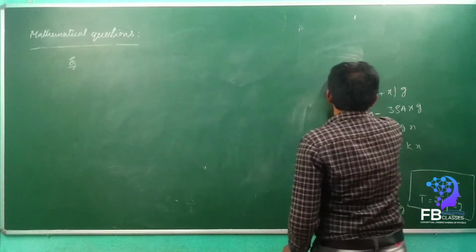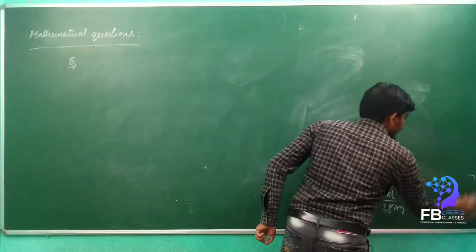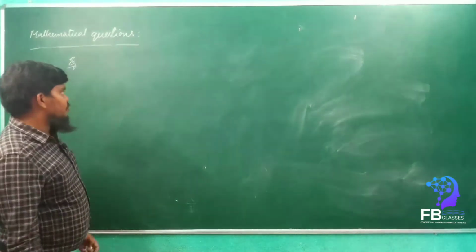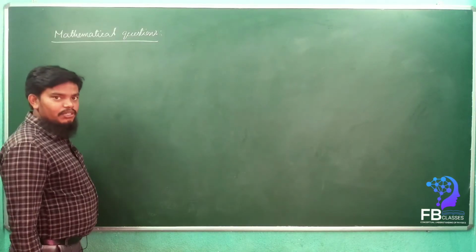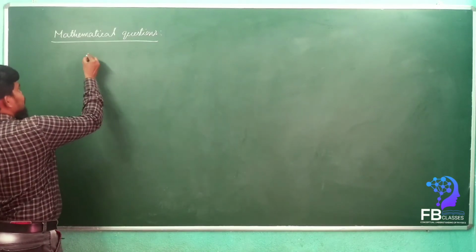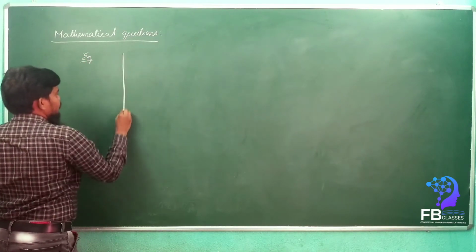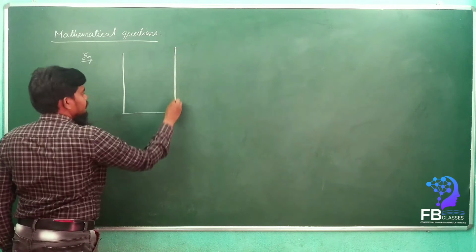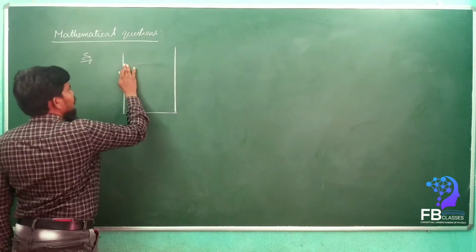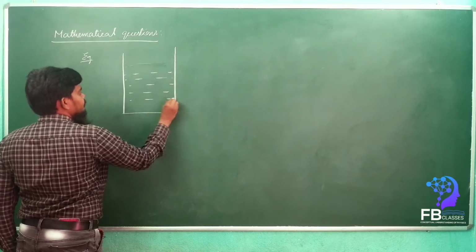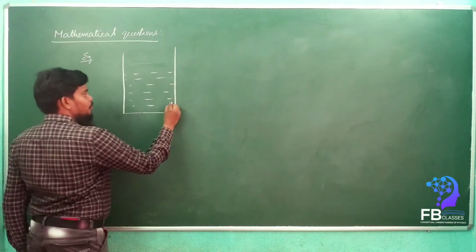On the basis of the same concept, many types of questions will be asked in the examinations. Okay, so we will go for the next example problems. For example, there is a container having a liquid of density 3 rho.